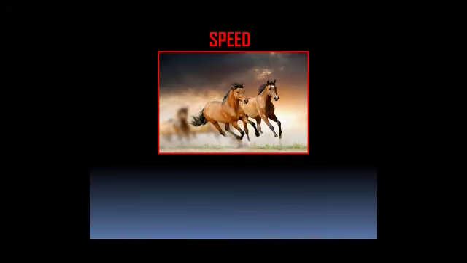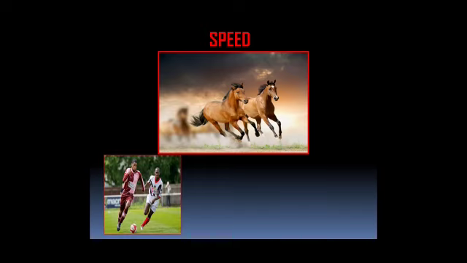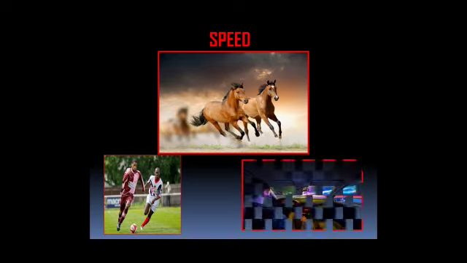Speed. Speed is a word which we all are in love with. You like the horse which runs fast and wins the race. In a game of football, you like the player who has speed, who takes the ball to the opponent's goal post in a flash.